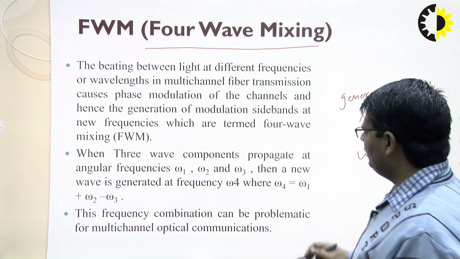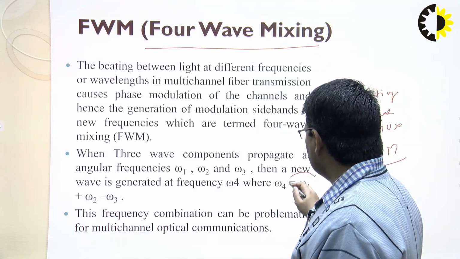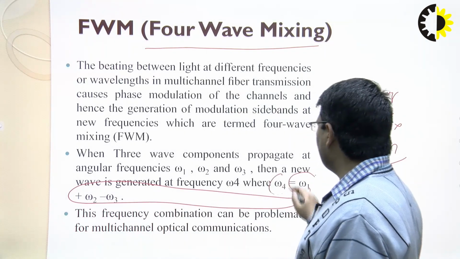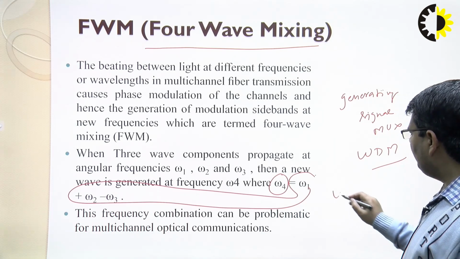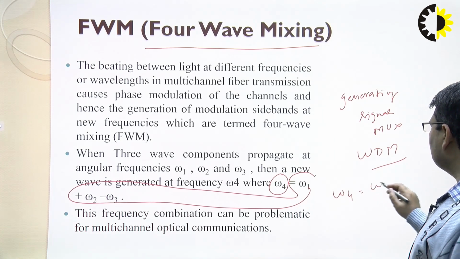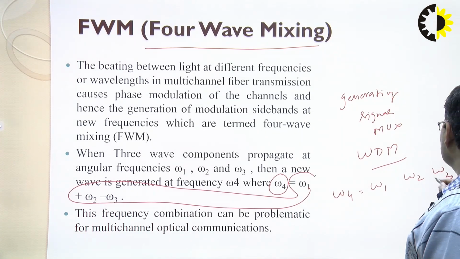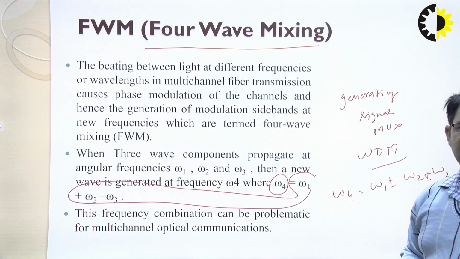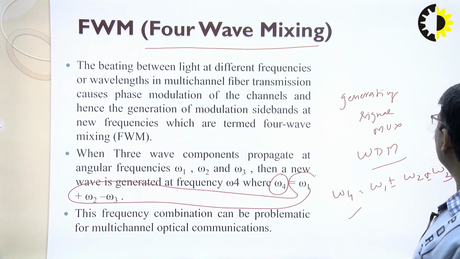Here we have three different signals combined together to generate a fourth frequency signal. So we have a fourth frequency signal by the combination of three different signals, which can be the same or different. So this type of phenomenon is known as four wave mixing.